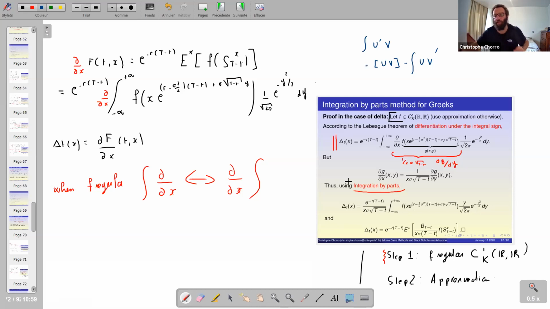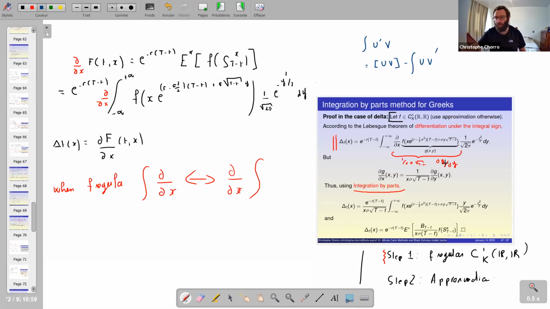Okay, so I repeat. I express delta this way, inverting the derivative and the integral. I want to obtain an integration by part in order to remove the differentiation with respect to this mapping here. I just remarked that the derivative with respect to x of this mapping here may be expressed as a mapping multiplied by its derivative with respect to y.